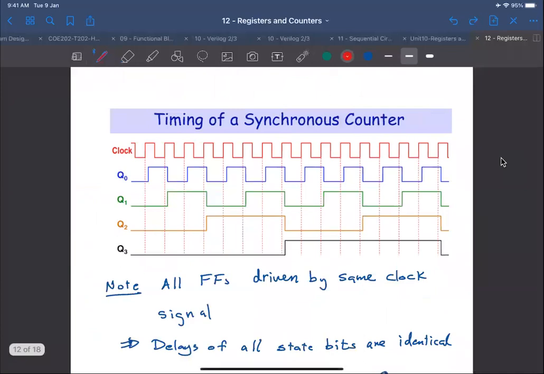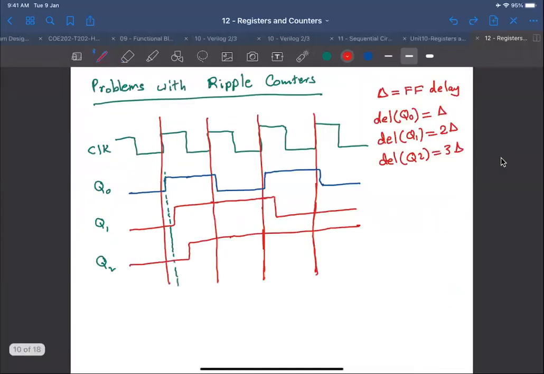Now, let me go back to the problems with ripple counters. If you remember, in a ripple counter, as you go further from the least significant bit, the delay of the output of the flip-flop increases.